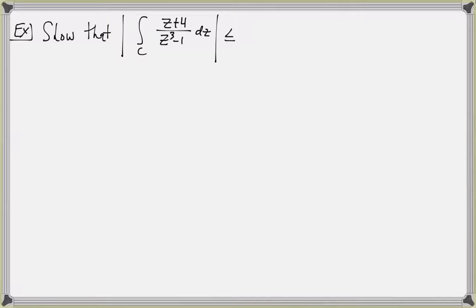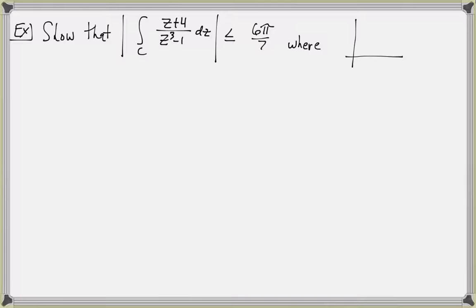Let's look at another example of the ML inequality. Now we're going to show that the absolute value of the contour integral over the contour C of z plus 4 over z cubed minus 1 dz is less than or equal to 6 pi over 7, where C is the following quarter of a circle.